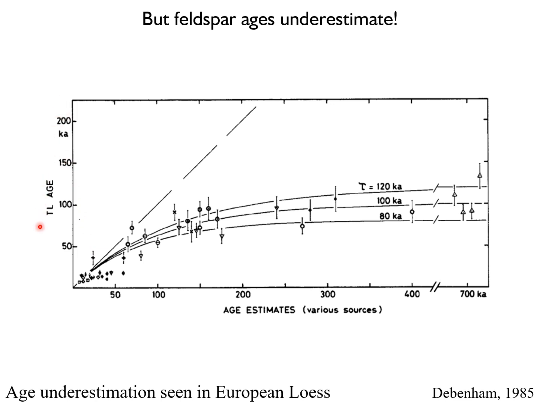But what we show here is the luminescence age versus the independent age, and we can see that there is a significant age underestimation from feldspar, and that at that time Debenham was arguing that there seemed to be an age limit of about 100 ka with feldspar.